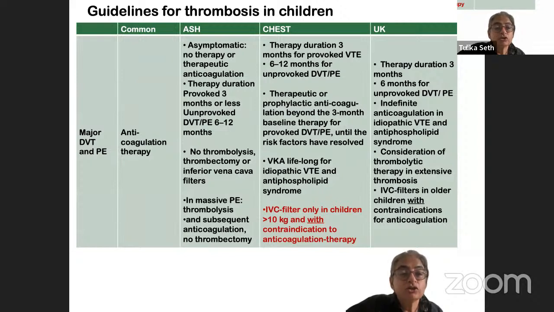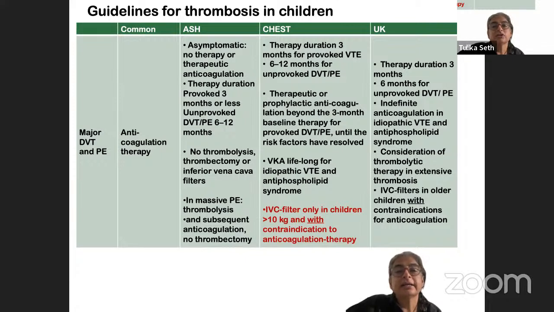If you have a major deep vein thrombosis or a pulmonary embolism, all of the guidelines recommend anticoagulation. In the American Society, they recommend therapy of 3 months, or if it's provoked, then a little bit less. They don't recommend thrombolysis or thrombectomy unless it's a massive pulmonary embolism.